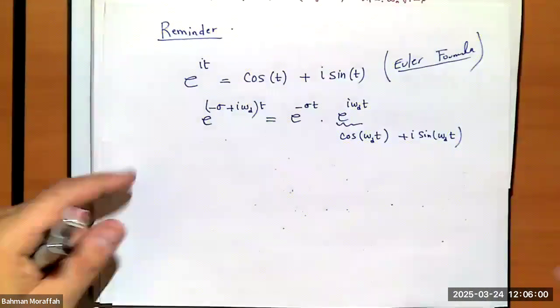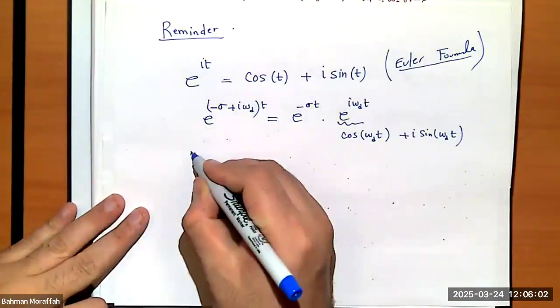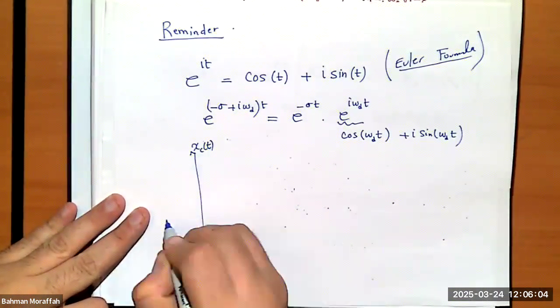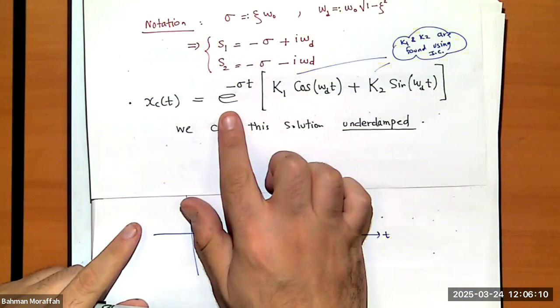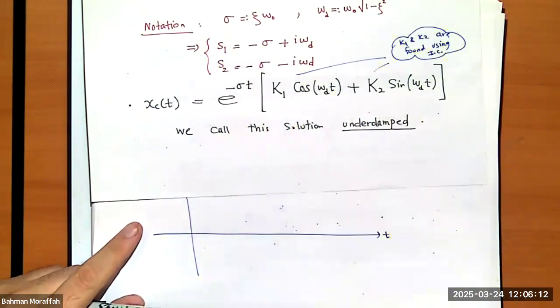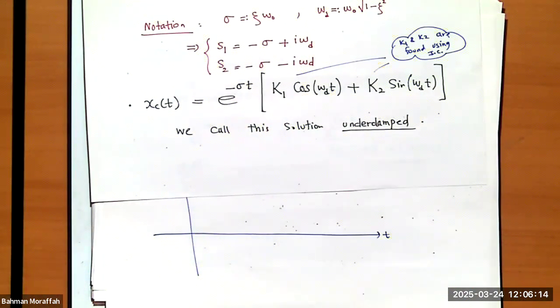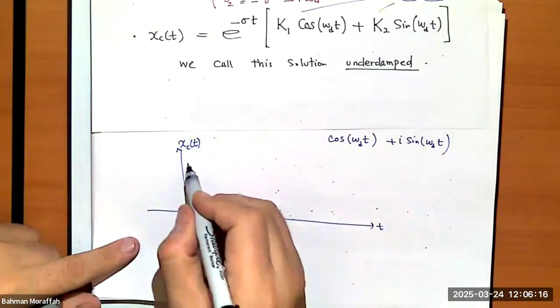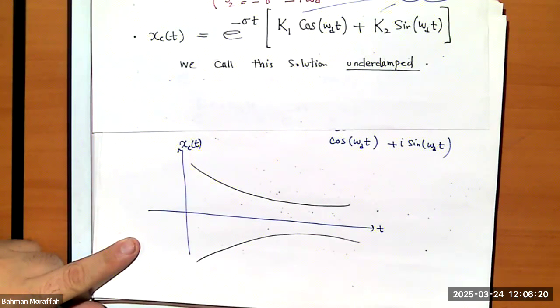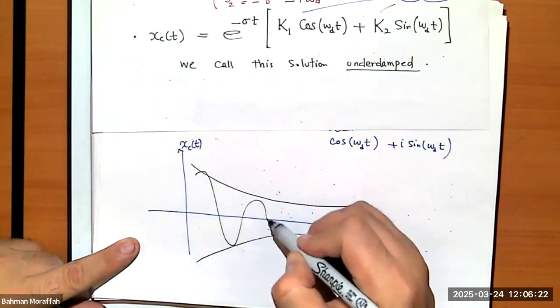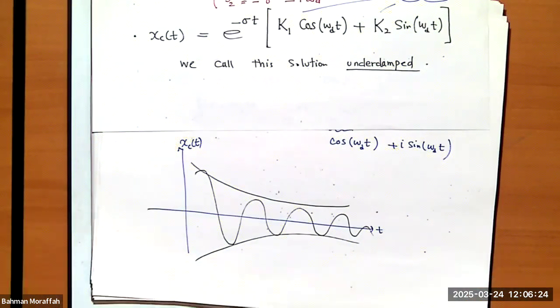What this means is that if I plot xc of t, I have an envelope and some sine wave that's oscillating between that envelope. So I have this e to the power of minus sigma t, and this sine wave oscillating in between.